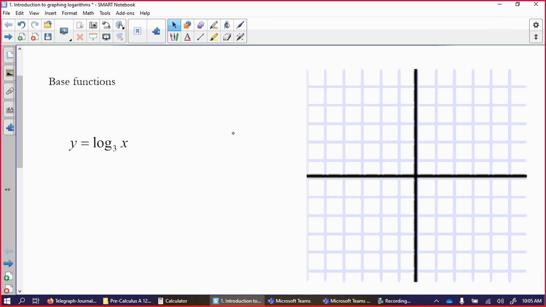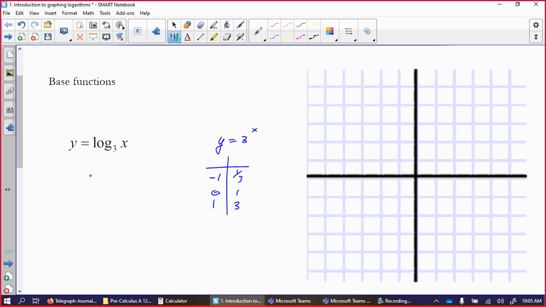Well, this is log base 3, so this equation is the inverse of y equals 3 to the x. We know when we did these, we did -1, 0, 1 for the y values, and a third, 1, and 3 for the x values. So our table of values for this is the inverse of that: a third, 1, 3, -1, 0, 1.